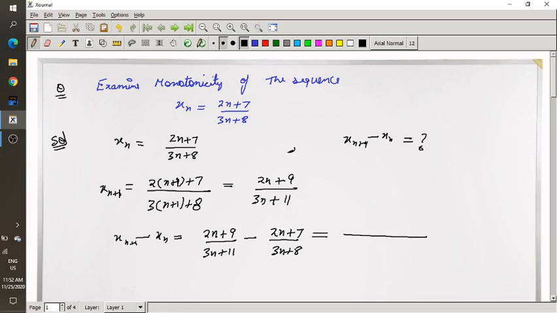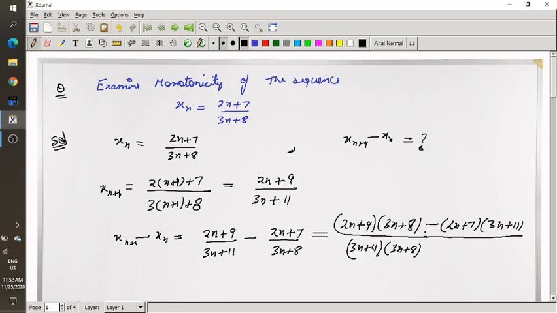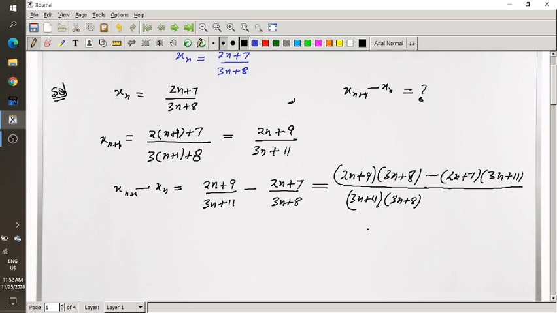So I will have to take the LCM first. This is (3n plus 11) times (3n plus 8). So multiplying 2n plus 9 with 3n plus 8, minus 2n plus 7 with 3n plus 11. This is just a simple subtraction, nothing else.